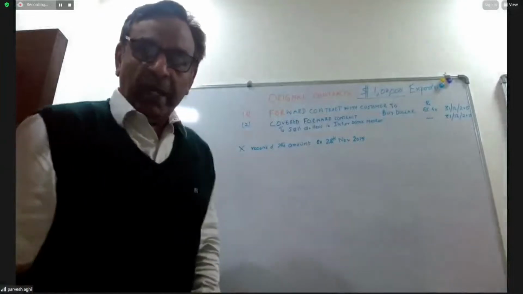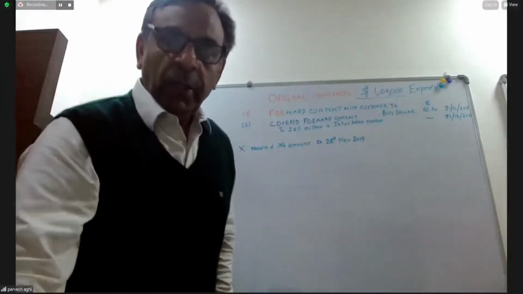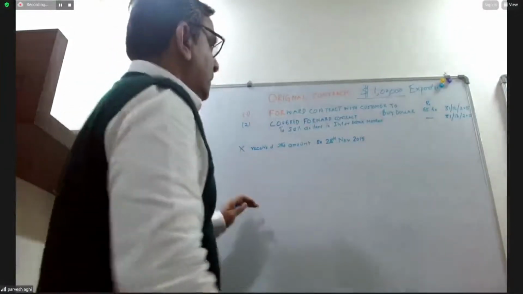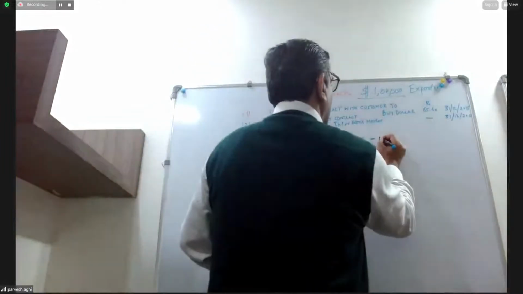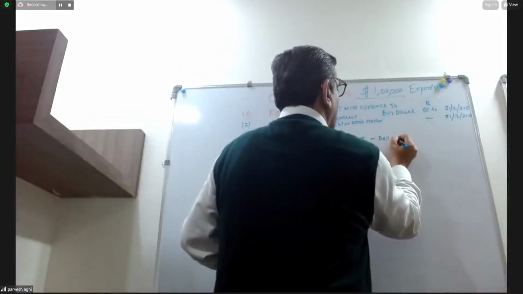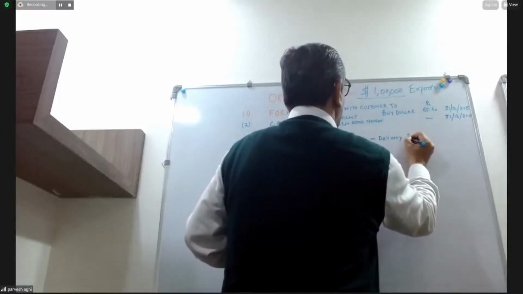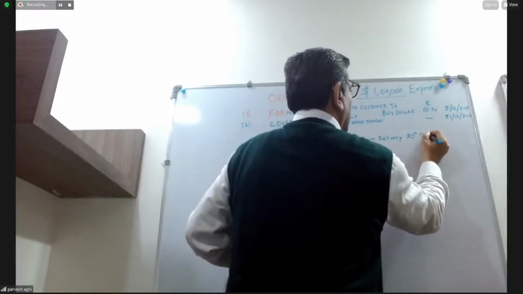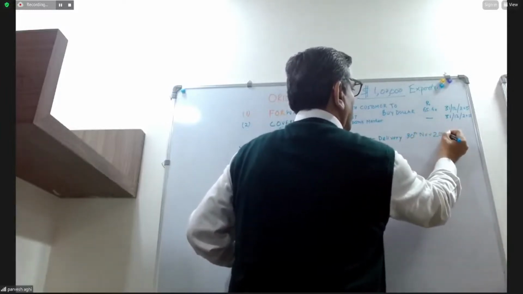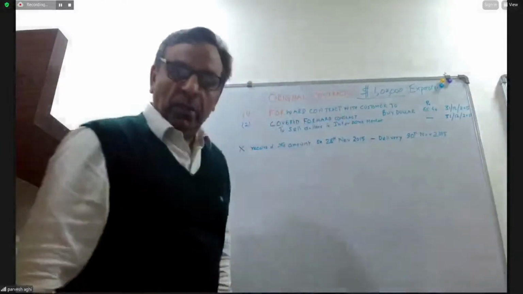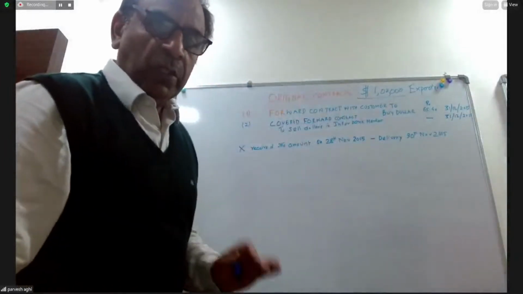So he requested the bank to take delivery on 30th of November. So delivery is going to happen 2 days after this day. Delivery is going to happen on 30th November 2015. Okay, fine.